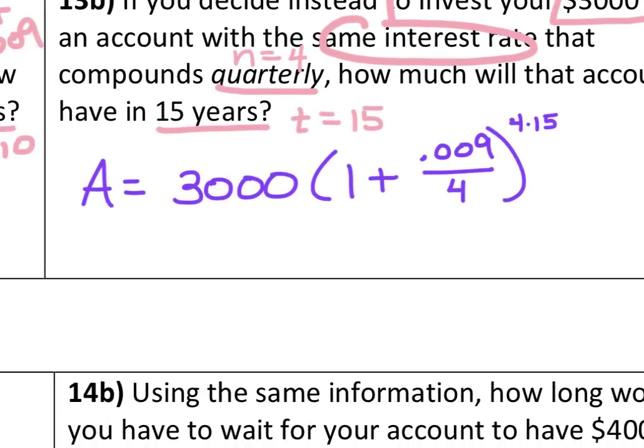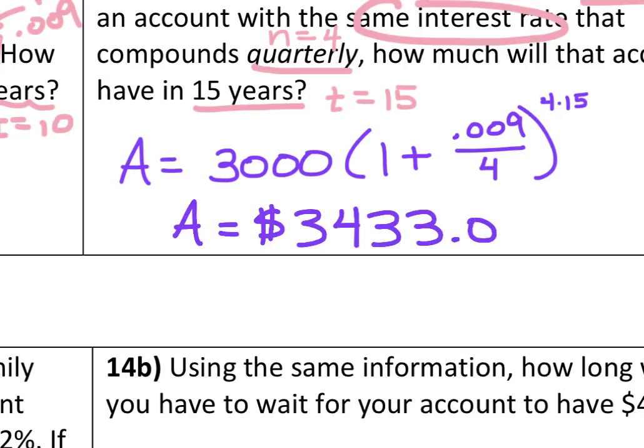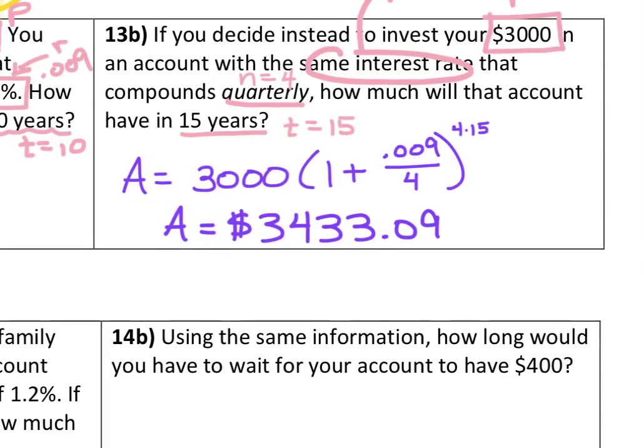That's a lot of times that you're computing interest on interest on interest. You can type this into your calculator exactly as is with the parentheses and with the fraction. And when you hit enter there, what you should get is that A equals $3,433.09 after 15 years.